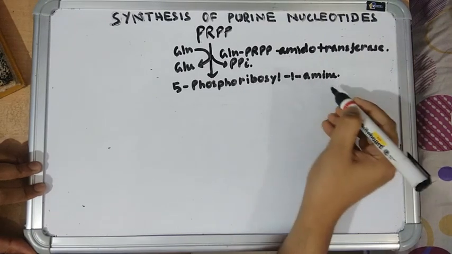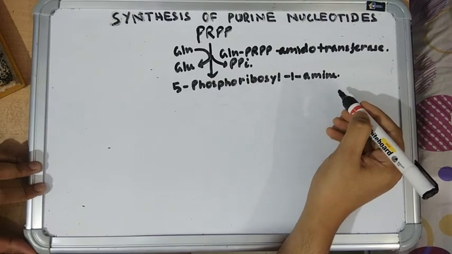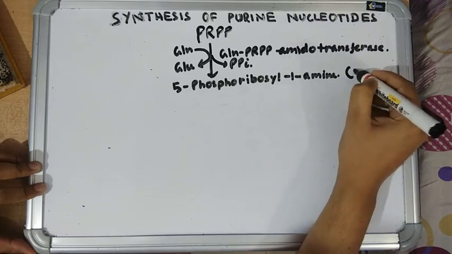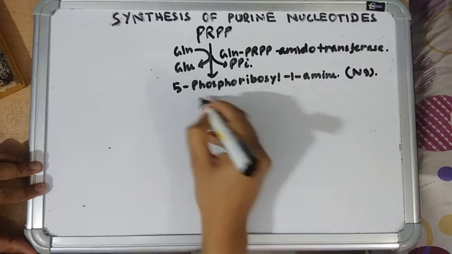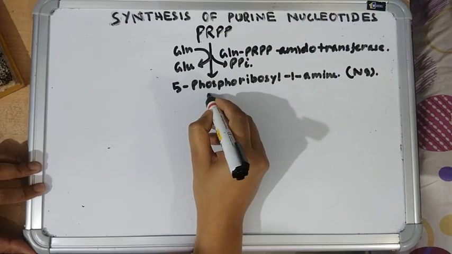So the amino group replaces the inorganic pyrophosphate, and it contributes N9 of the purine ring, and this is the rate limiting or committed step of purine synthesis.